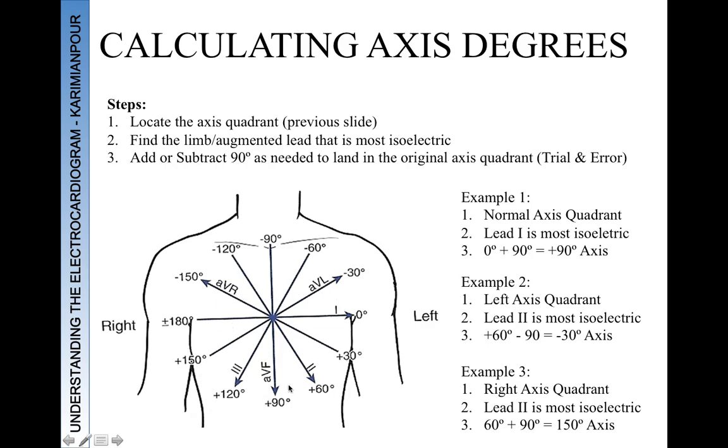If we subtract 90, we go back up to negative 30. Negative 30 falls within the left axis deviation quadrant, so that's not it. So we go back to 60, and now we add 90 degrees, and we land at positive 150, within the right axis quadrant that we determined with our 2-thumb method. So this is our axis degree calculated exactly.